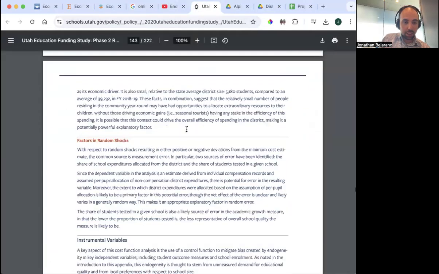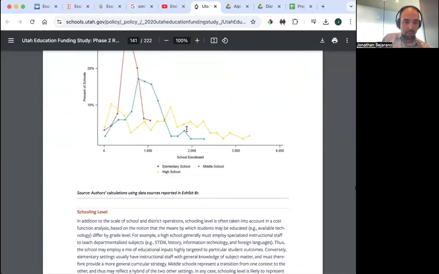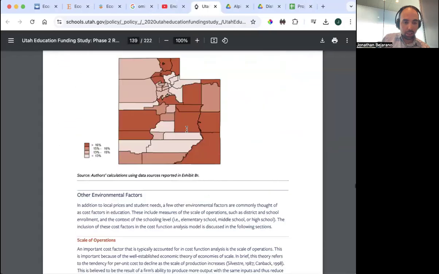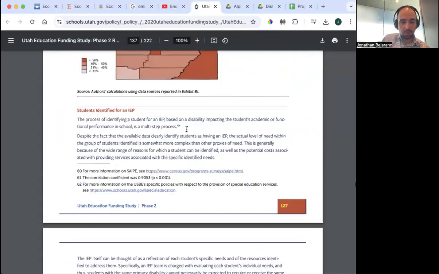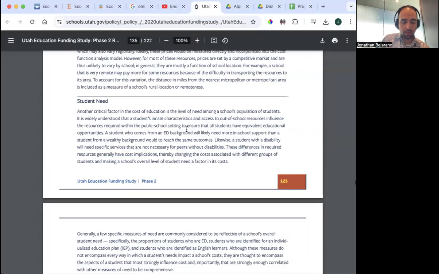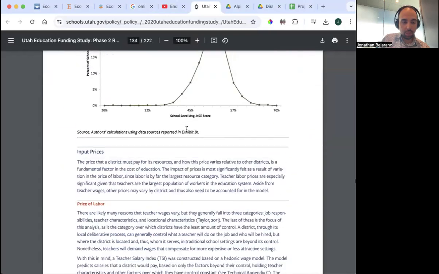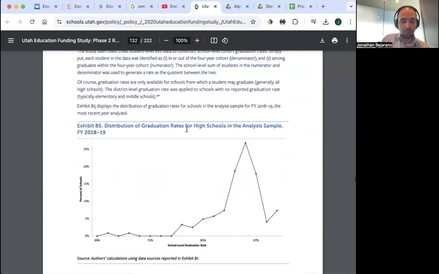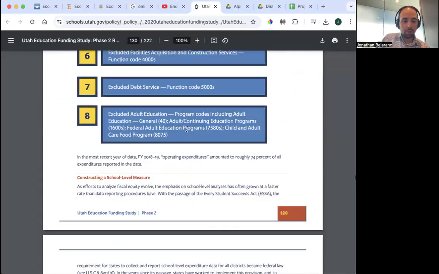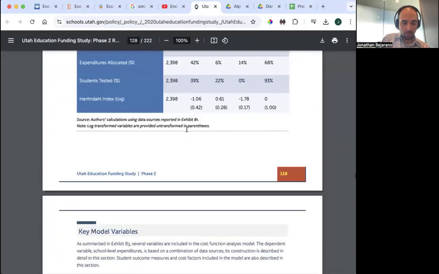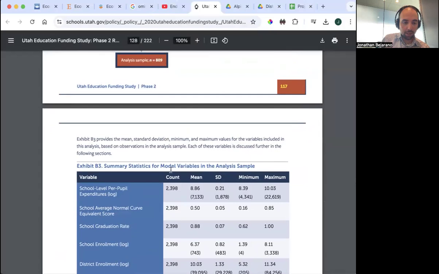So if we look right here in the appendix for the Utah Education Fund study, instead of doing a simple linear regression, they use an IV method to get instrumental variables to control for endogeneity. And so endogeneity is controlled for by introducing a whole bunch of different variables.